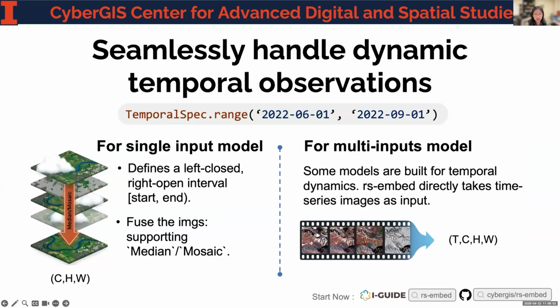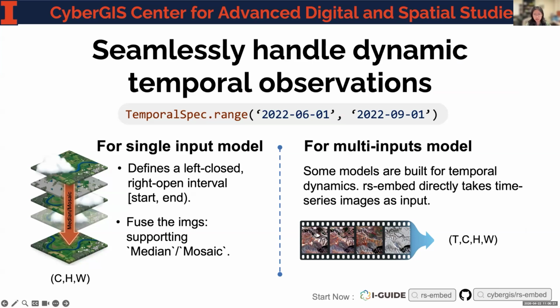An important feature of rs-embed is how it handles temporal observations. Because in remote sensing, time is often not optional, right? Many phenomena are seasonal or dynamic, and a single image may not be enough. To deal with that kind of situation, different models also treat time differently.